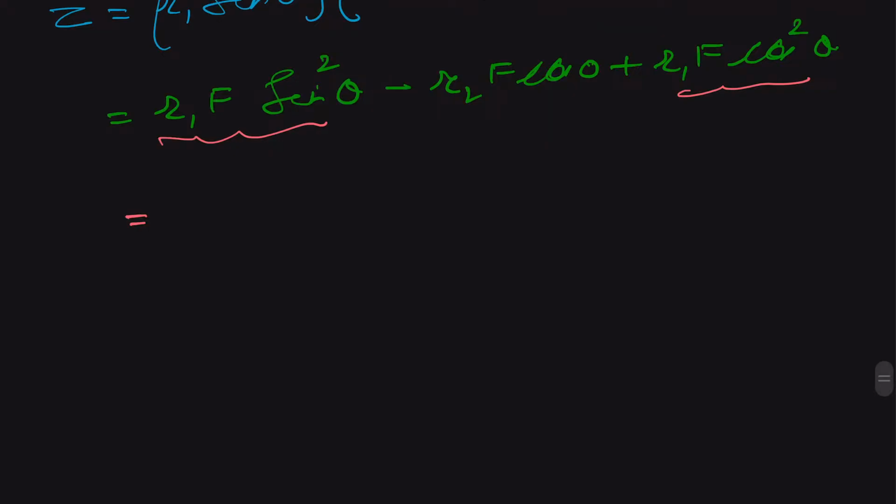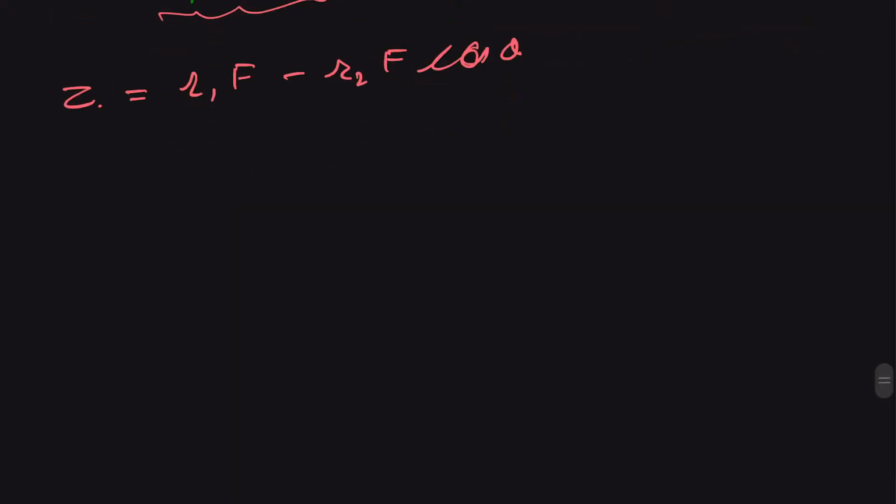So sine square plus cos square will be 1, so r1 F minus r2 F cos of theta, and that is our torque. And we can take F as common, so we get F (r1 - r2 cos of theta).